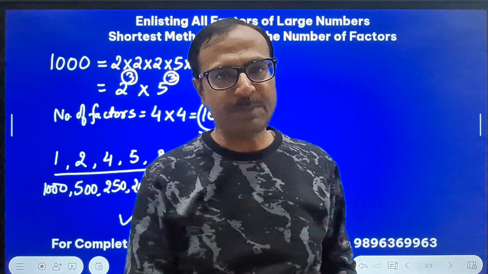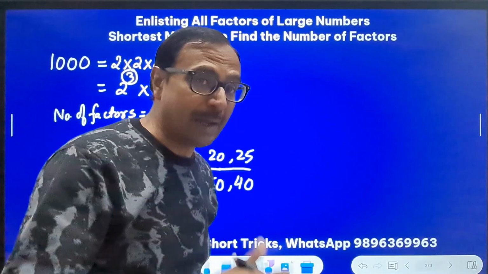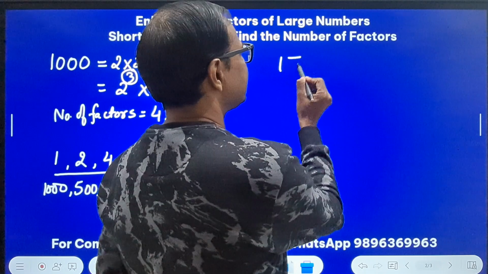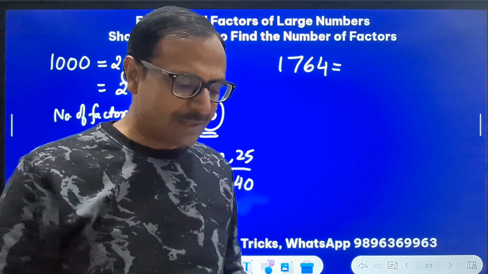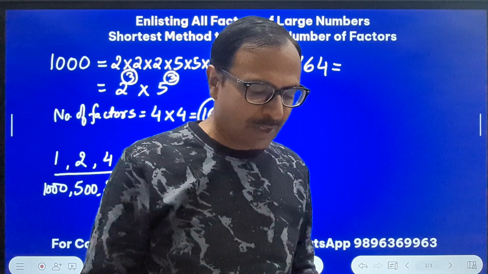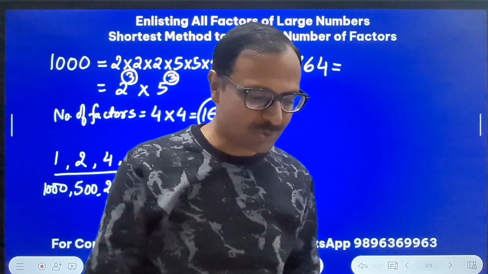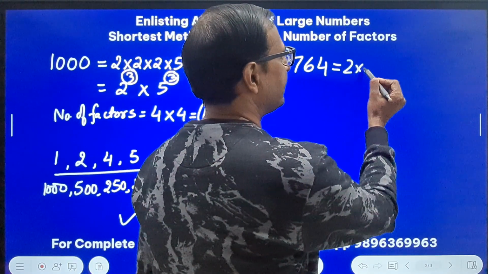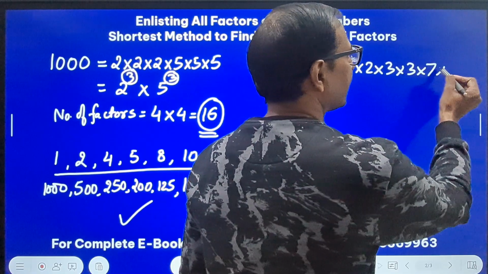Okay. Now what happens if the number of factors is odd? In all the three examples, we got an even number, right? Now I'm going to take an odd case. Suppose you have the number 1764. If I just want to save time, so that I can focus on finding the number of factors rather than prime factorization, I will tell you the factors of 1764 are 2 times 2 times 3 times 3 times 7 times 7, right?